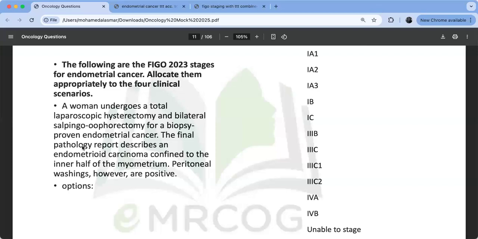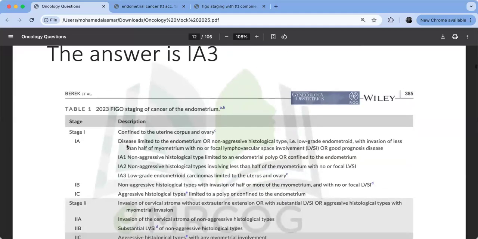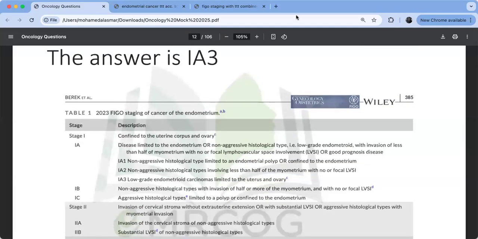The key word here is endometrioid carcinoma, and it's confined to the uterus. So which stage is this from what we have learned? This is 1A3. This is a special one. Yes, 1A3. They made low-grade endometrioid carcinoma limited to the uterus and ovary. Well done, everyone.